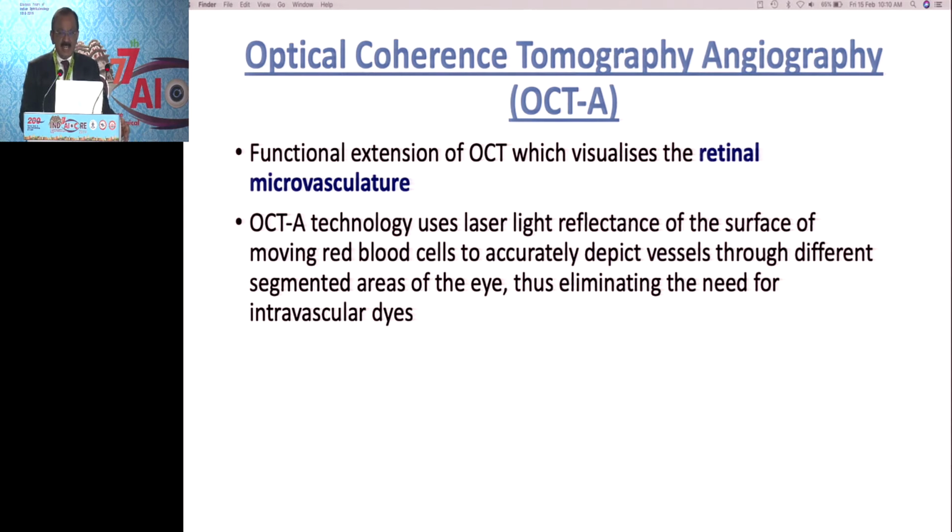Subsequently the OCTA, that is optical coherence tomography angiography, came in, and this changed a lot of things for us. Even when the OCT was there, fluorescein angiography was taking a back seat. But with the OCTA, in many conditions very little fluorescein is indicated.